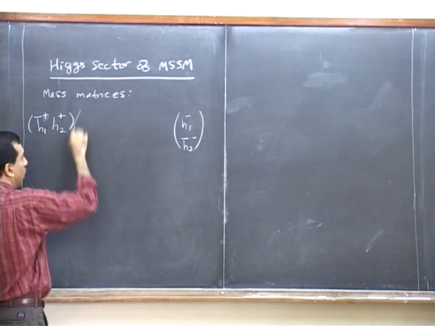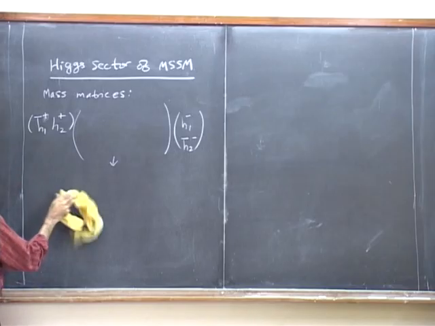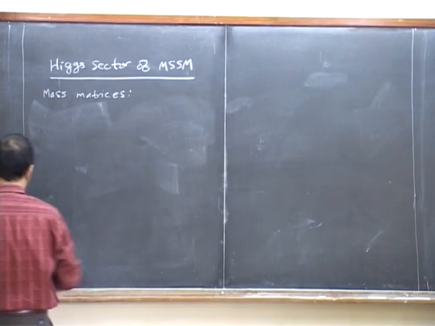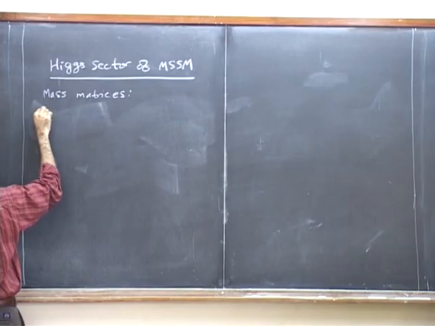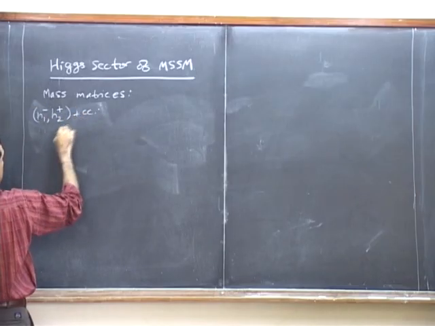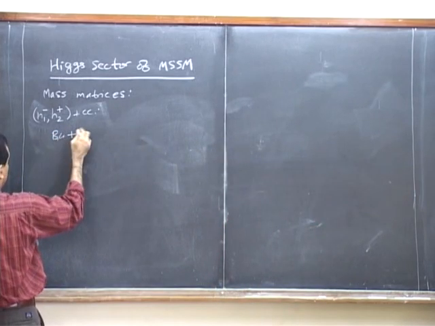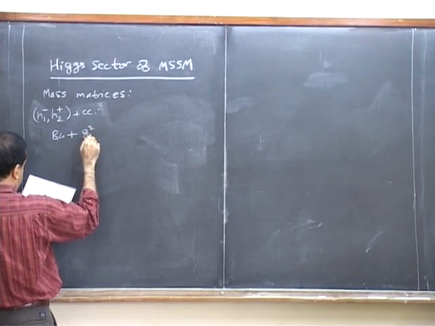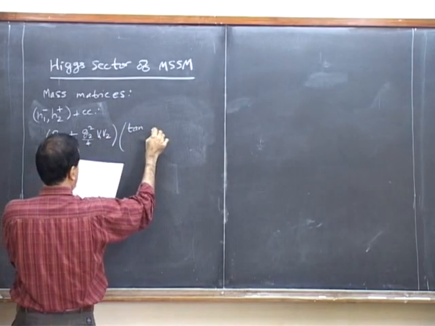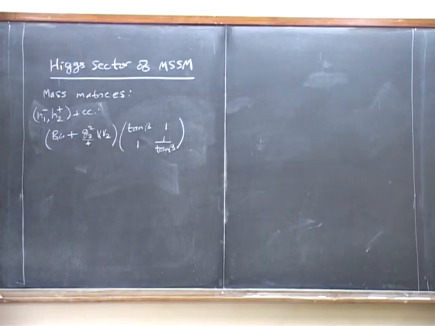So there is a matrix in between, and the matrix turns out to be, let me just write for H1 minus, H2 plus, the mass matrix is (mu plus g2 squared upon 4 v1 v2) into tan beta, 1 by tan beta. This is what we derived last time.